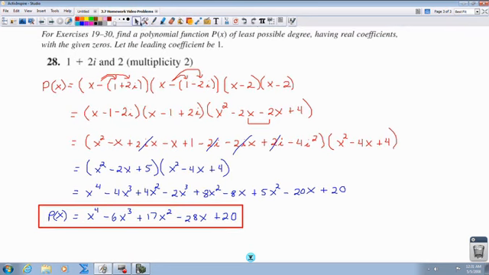Let's make sure we answered the question here. Find a polynomial p of x of least possible degree. We found there were 1, 2, 3, 4 zeros to this problem, which means the degree has to be 4. Let the leading coefficient be 1. There it is, we have a 1 right in front. And this problem is complete.